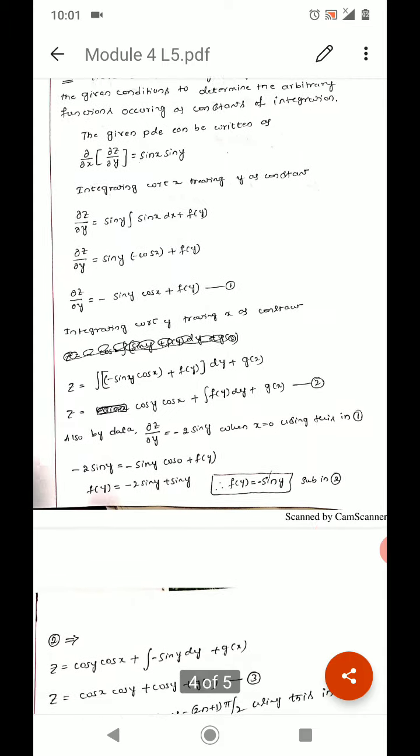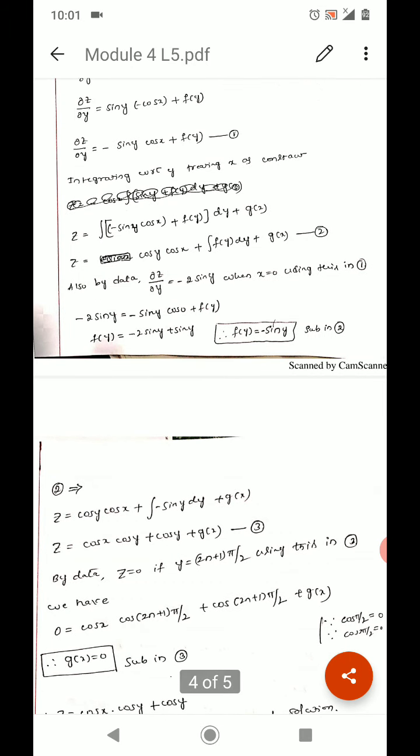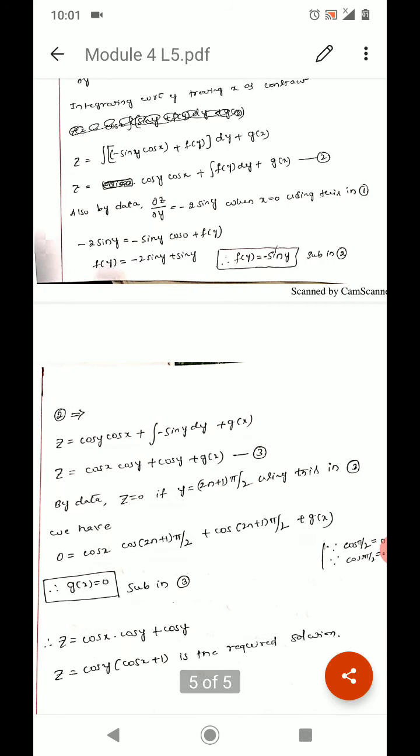Now use the data, that is when z is equal to 0 we have y is equal to odd multiple of pi by 2, that is 2n plus 1 into pi by 2. So z becomes 0, therefore 0 is equal to cos x into cos of 2n plus 1 into pi by 2 plus again cos of 2n plus 1 into pi by 2 plus g of x.